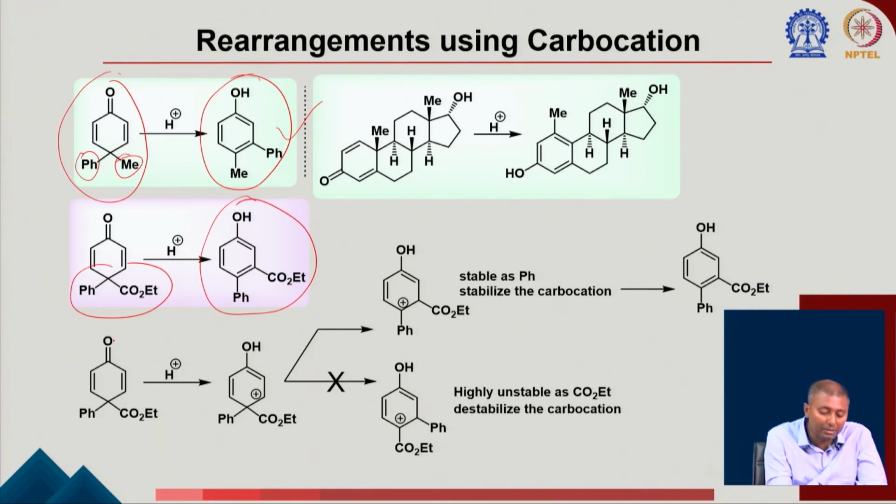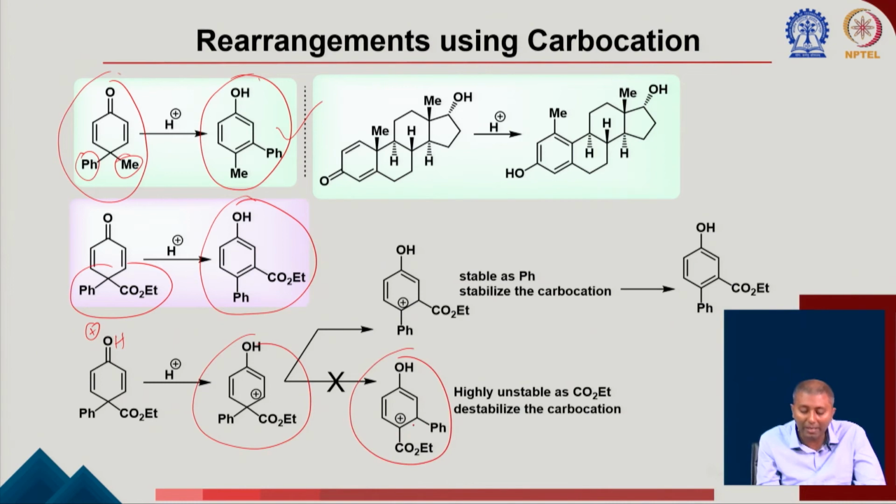Once you protonate first here, then there will be formation of a carbocation. Now as soon as you have a formation of a carbocation, the next question is what migrates. Suppose you have a phenyl migration. Once the phenyl migrates, you have to think about also what carbocation is forming. That is also important, because if the carbocation which is forming is very unfavorable, being next to an electron withdrawing group, then there is a very low chance of formation of this carbocation. It will prefer to form this particular carbocation where it will be getting stabilized.